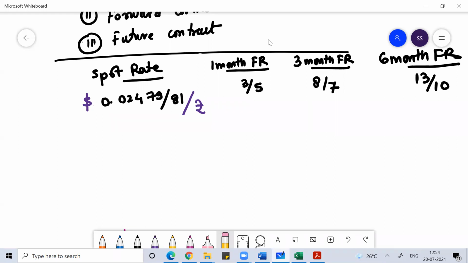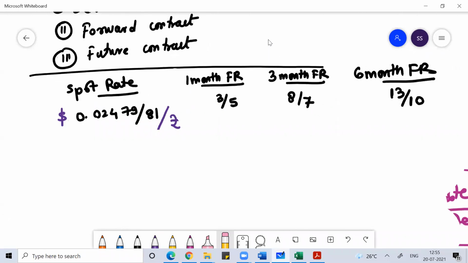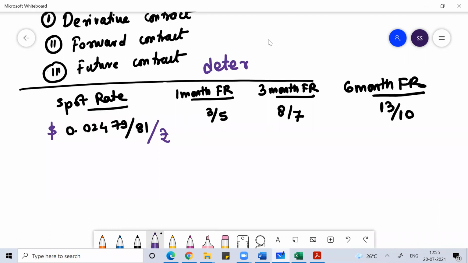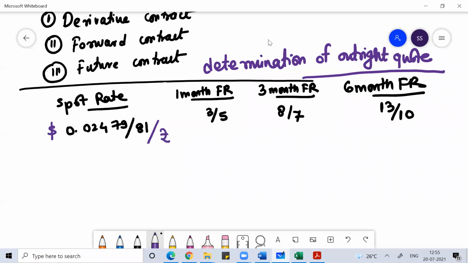Okay, so banks among themselves can do transactions, can talk about transactions among themselves, and this way, when we try to determine the rate, we call this the determination of the outright quote, which is very common in the forward contract in the currency market.